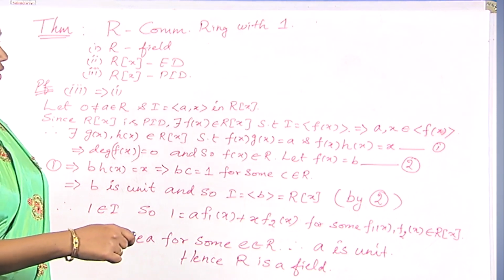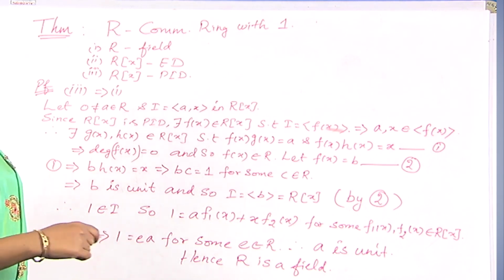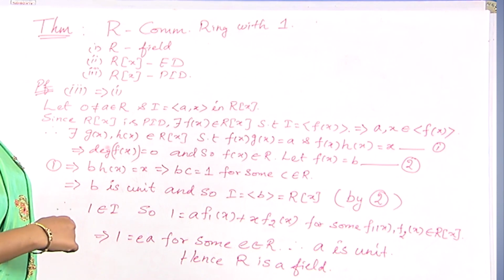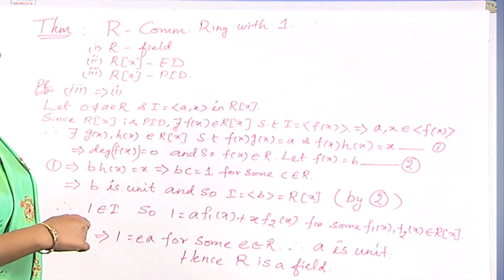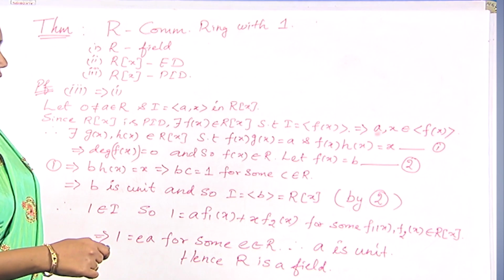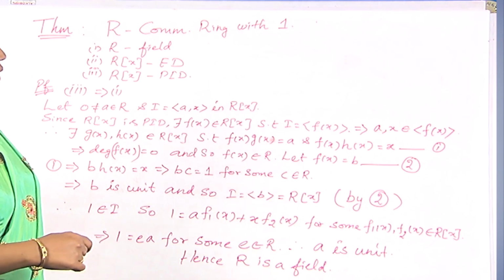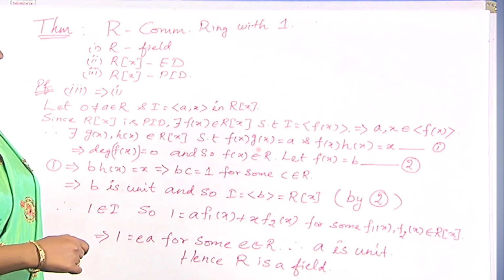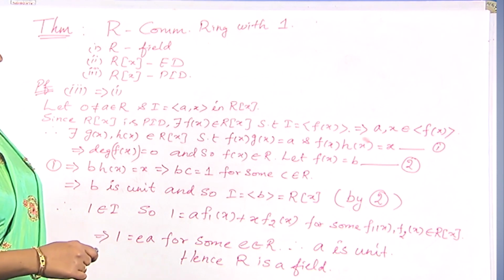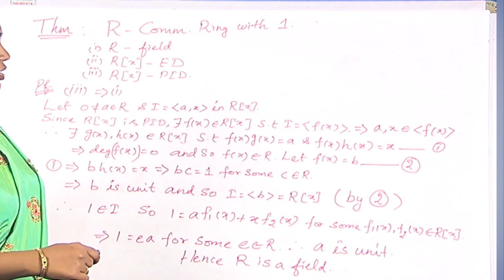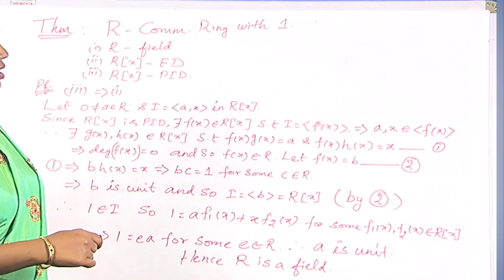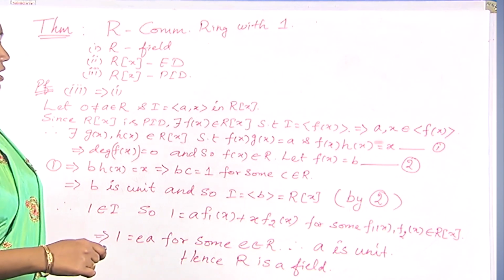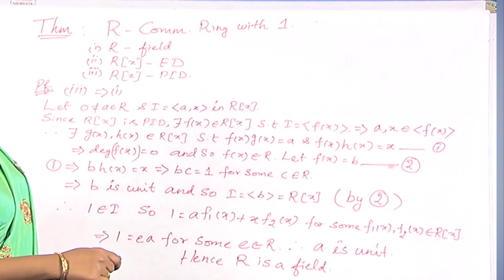So, there exist g(x) and h(x) belonging to R[x] such that a can be written as f(x) times g(x), and x can be written as f(x) times h(x). Why this is so is because it is generated by f(x). Now, take this as equation 1.